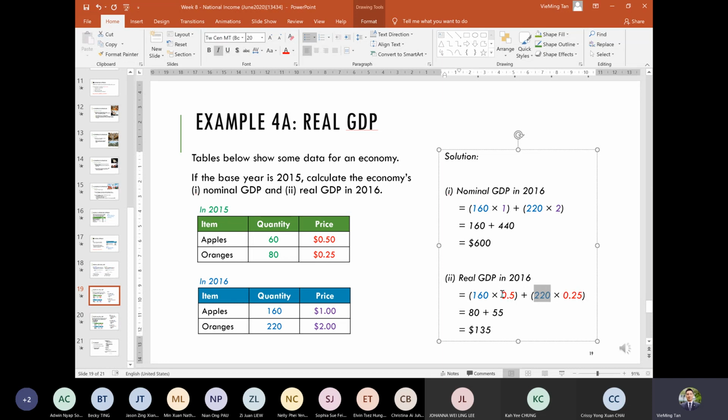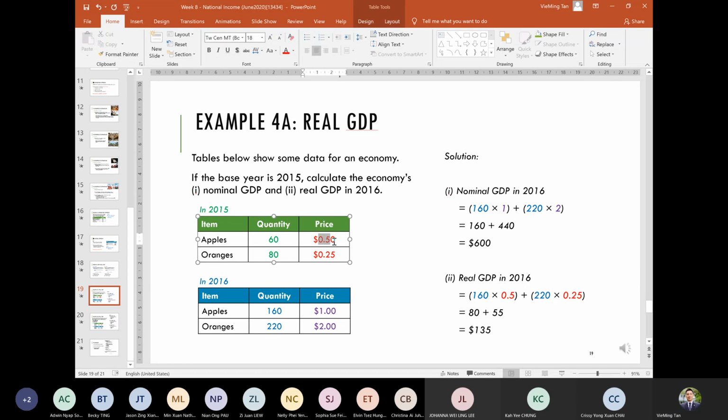But now we use the price of apple in 2015, which is 0.5, and the price of orange in 2015 is 25 cents. So the difference is only the price. For real GDP, we have to use the original or initial year price, or base year price.